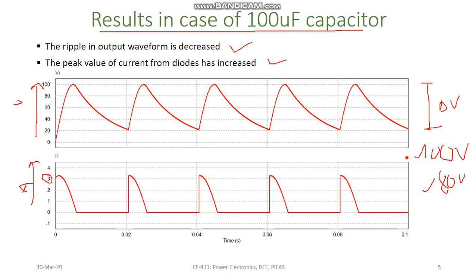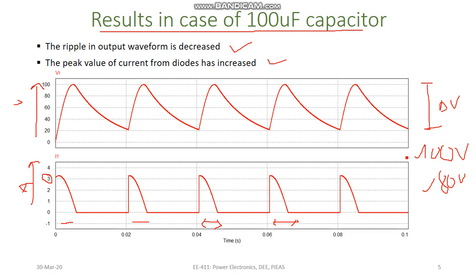Also you can see that the conduction time of the diode has reduced. Previously this time period was exactly 10 millisecond, that is exactly half of the input signal period.